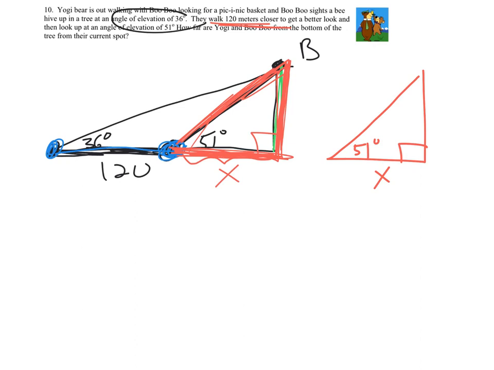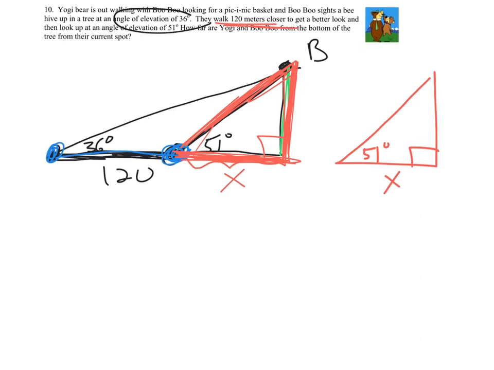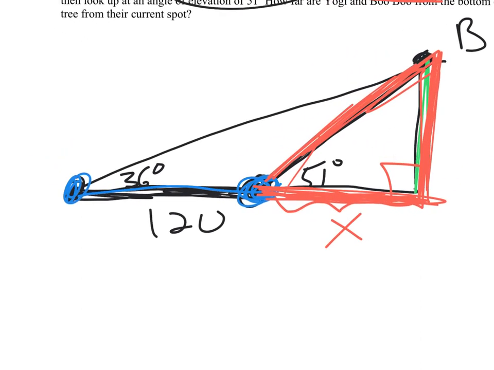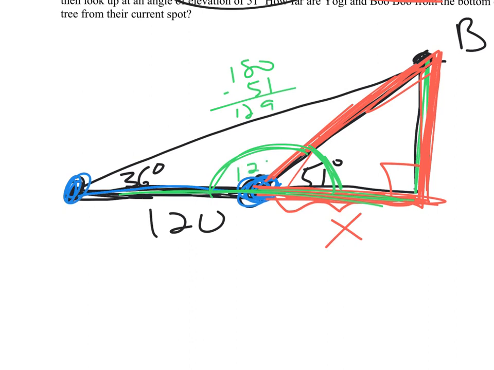What I'm going to do is use another triangle to try to figure out stuff about this red triangle that I need. If you look at this big picture, you know this angle is 51, so the angle next to it, since they lie on a straight line, has to be 180 minus 51, or 129. So I know that angle is 129.